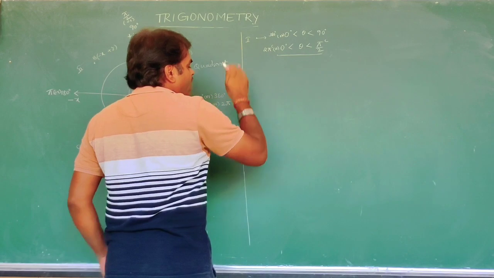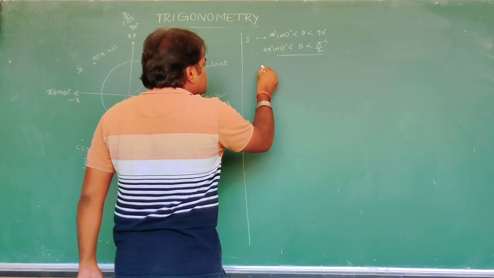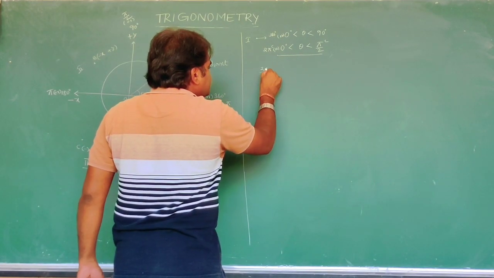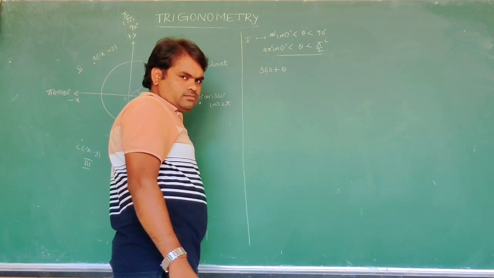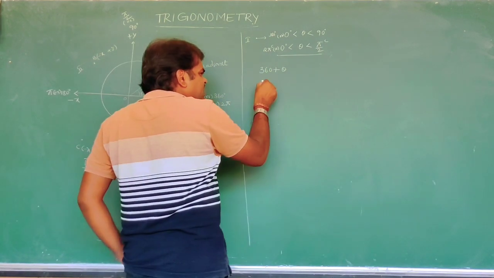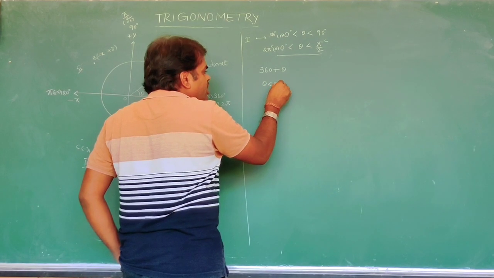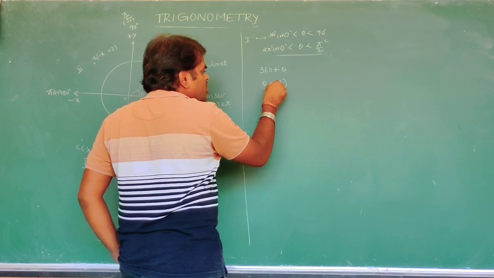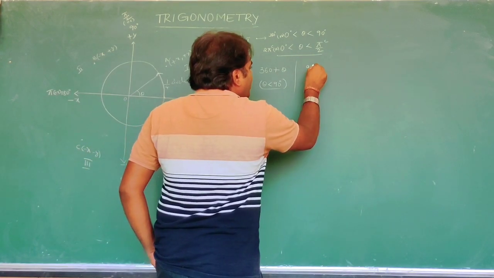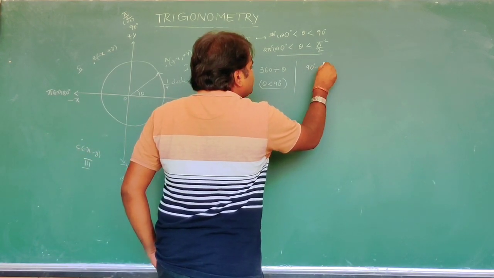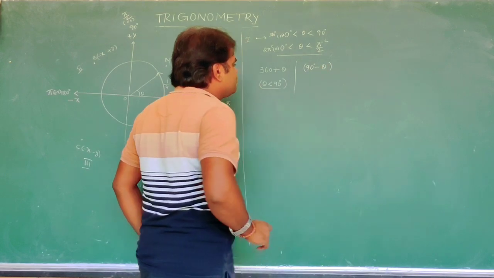In that first quadrant, we write 360 plus theta, but here theta must be less than 90 degree, this condition is a must. Or 90 minus theta.